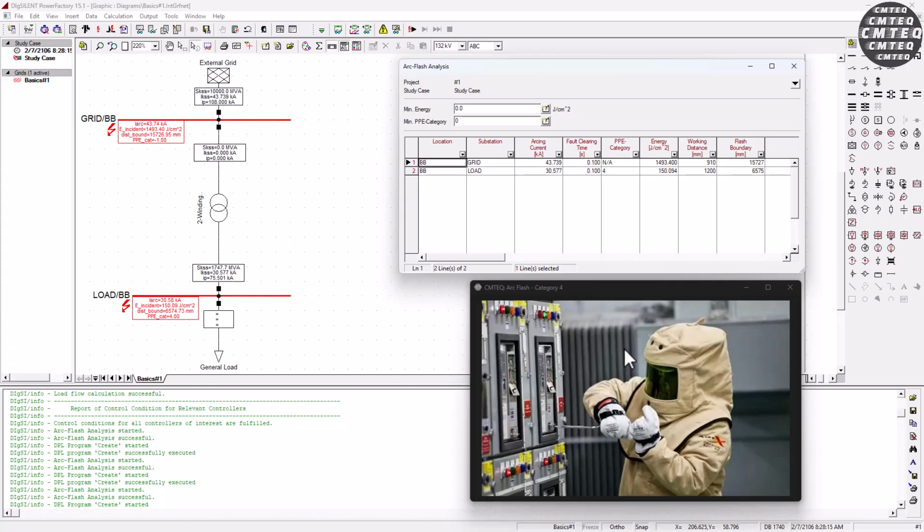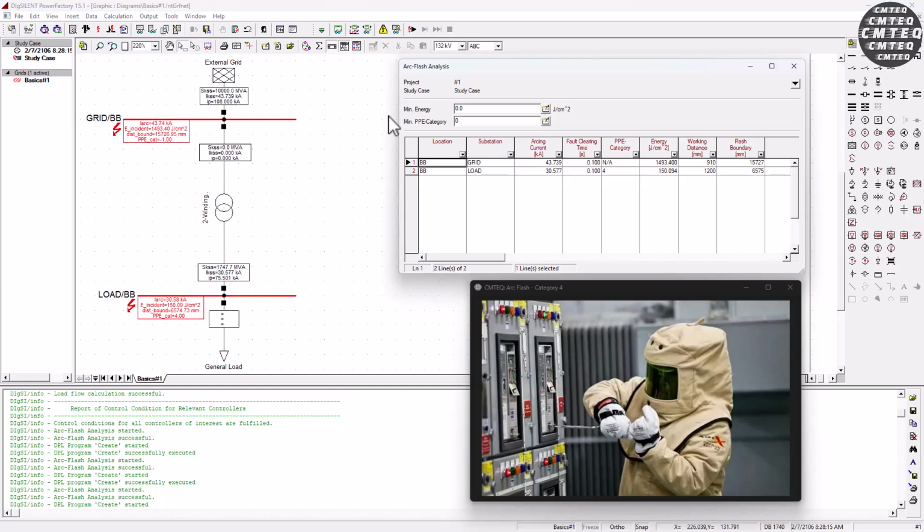As we can see here, this is category 4, right? So we've got a bus bar here, 132 kilovolt, and the results show that this bus bar is rated at category -1. And over here, our lowest rated bus bar at 33 kilovolt has category 4.